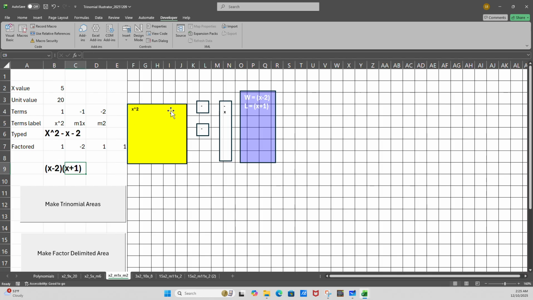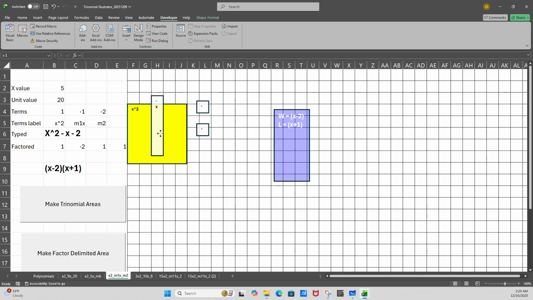So if we consider this area, this is x minus 2 and x plus 1. And we make the shapes. This is the x squared, and then the middle term was minus 1x. So if we take this here, we subtract, and we fit this over this, the dimensions actually don't exactly match up for this one, but if you take these, they're also minus, and we subtract the area.